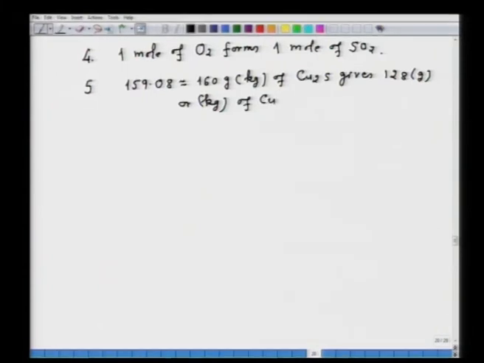So, similarly, you can obtain various information from the balanced chemical equation.